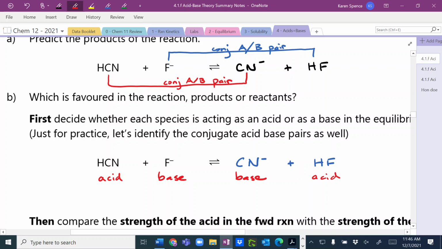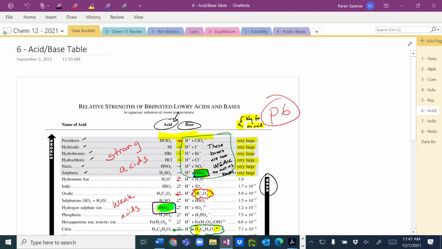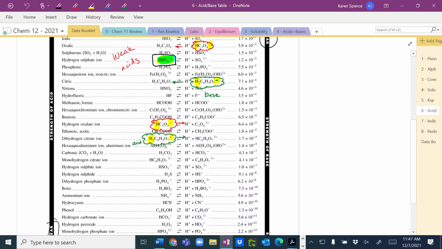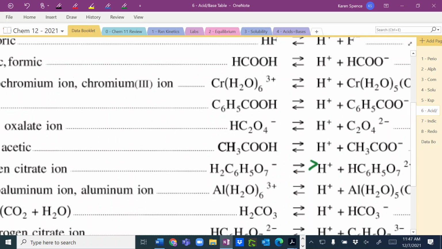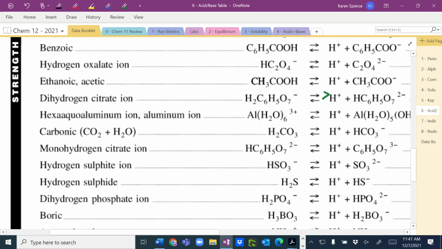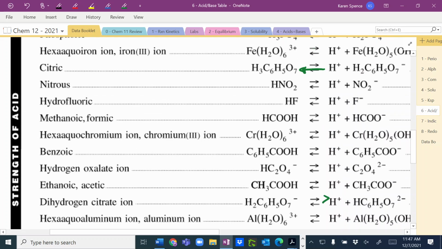Now I want you to imagine this. I am HCN. Who's a better acid? Let's erase all this nonsense. HCN, let's find it on our table.